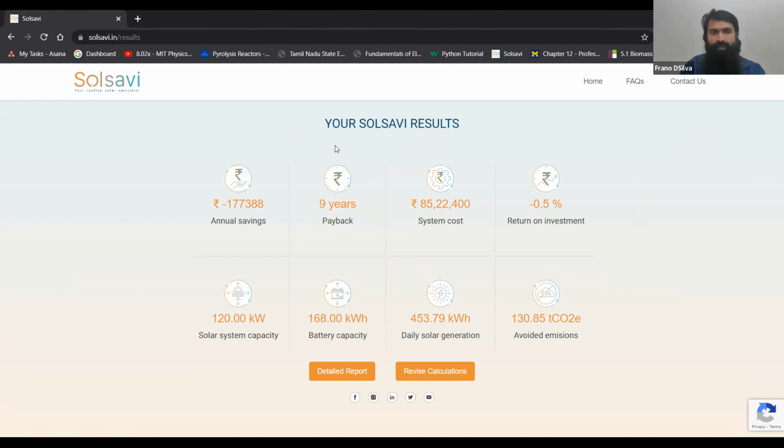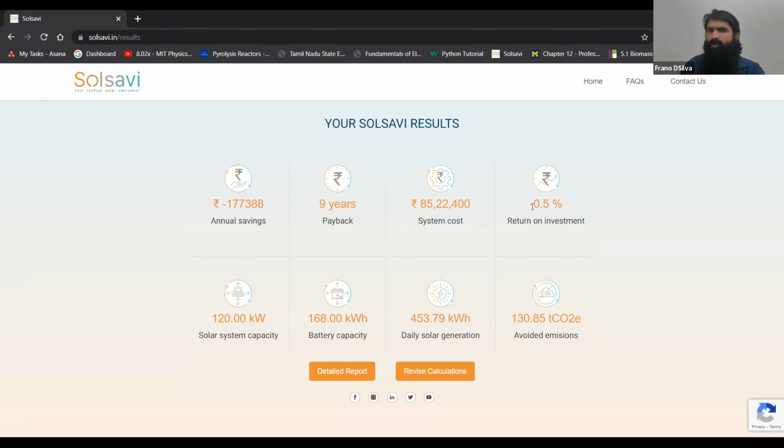As you can see from this, our annual savings are shown in the negative for the first year, but we have a payback of 9 years for this system under our industrial LT category. The total system cost would come up to 85 lakhs, and we have a negative return on investment.